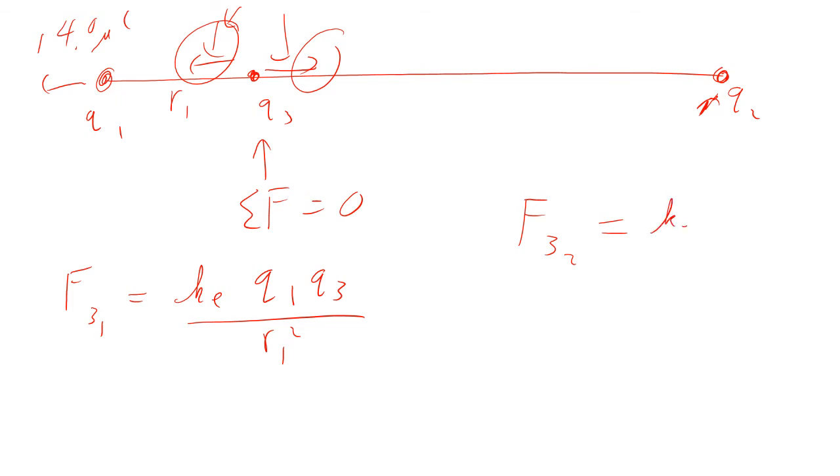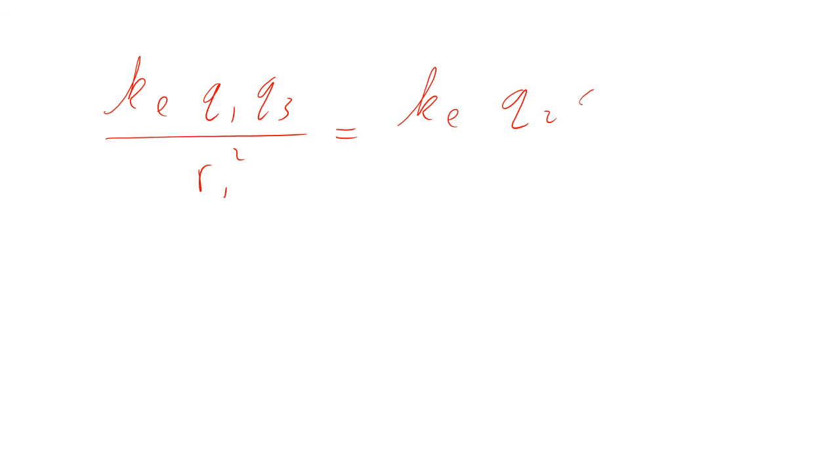So that's going to be K sub E, Q2, Q3 over R2 squared. So if these two are equal and opposite, that means that K sub E, Q1, Q3 divided by R1 squared equals K sub E, Q2, Q3 over R2 squared.